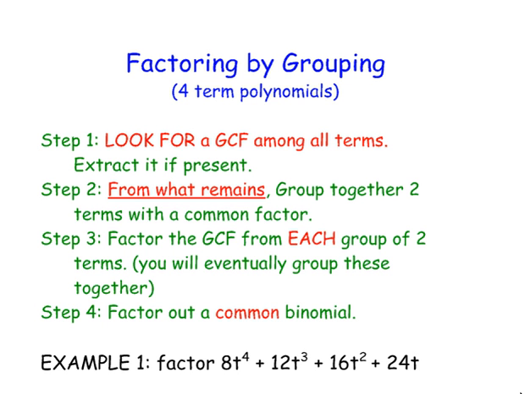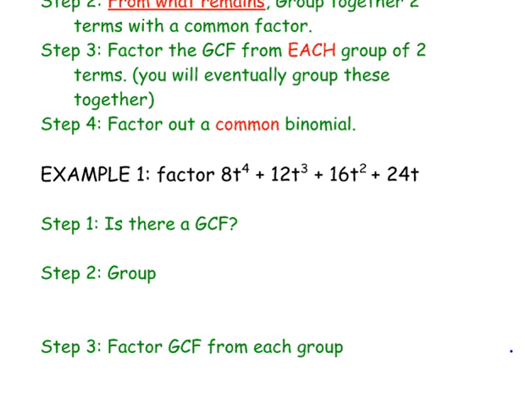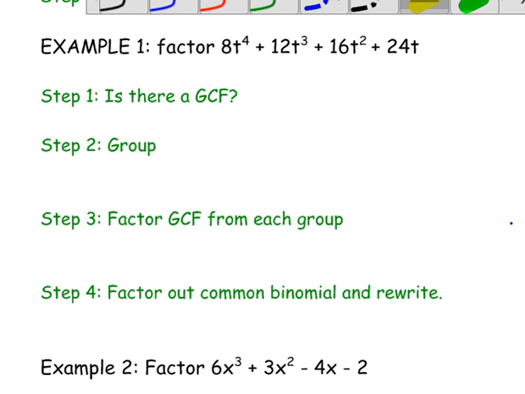Example 1, we have: factor 8t to the fourth plus 12t cubed plus 16t squared plus 24t. Alright, ask yourself, step 1, is there a greatest common factor?